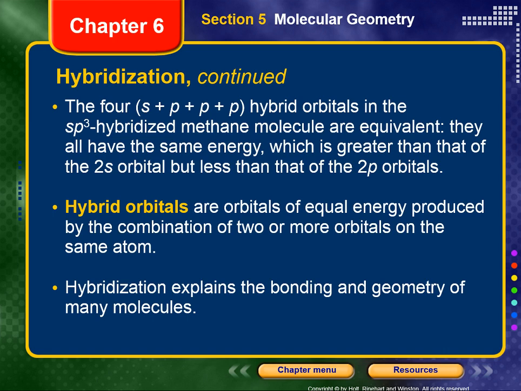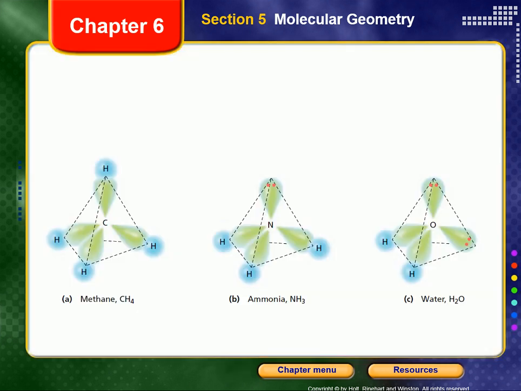The number of hybrid orbitals produced equals the number of orbitals that have combined. Bonding with carbon sp3 orbitals is illustrated in figure 6-24a on page 188 of your text or on the screen now for a molecule of methane.